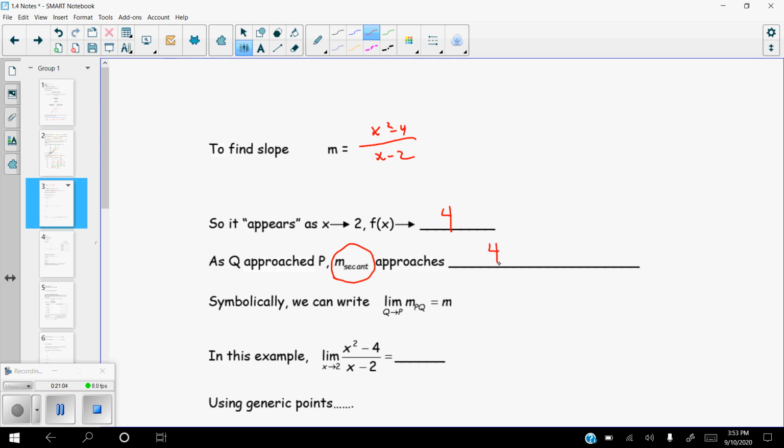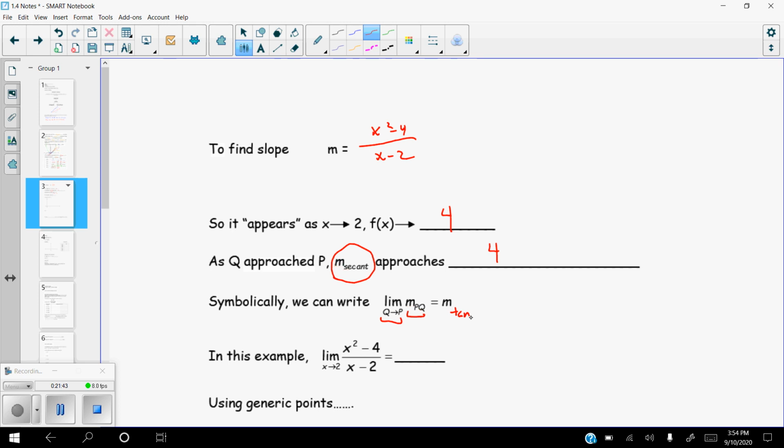So symbolically, what we can say is this LIM is called limit. It says the limit as Q approaches P, that's what this part is, of the secant slope of the line segment between P and Q approaches m, and we're actually going to write m sub tangent, because what's happening is the slopes of the secant lines are getting so close together that once they get infinitely close together to the point where you can't even tell the difference, the slopes of those secant lines become the tangent line slope.